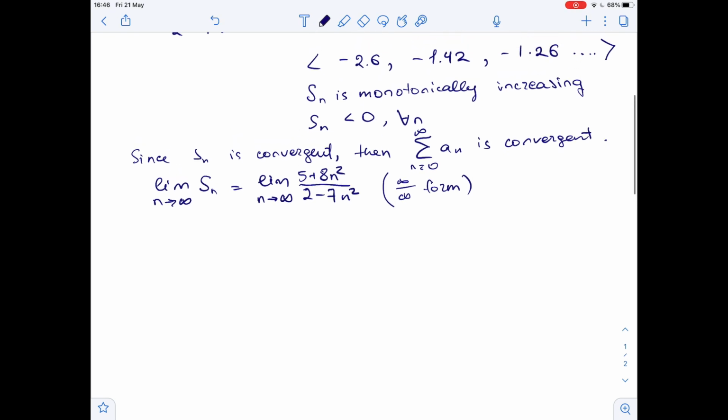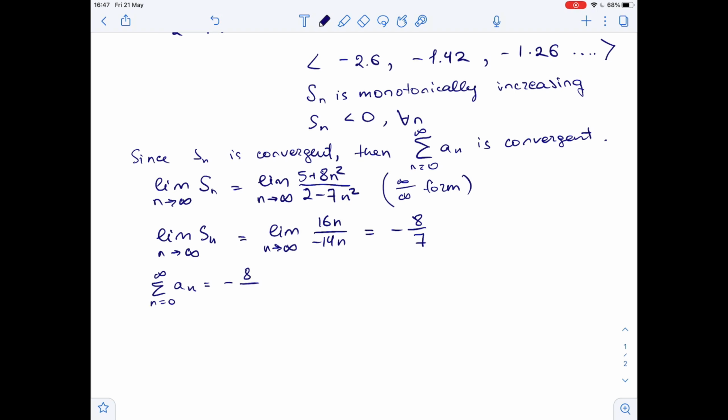We will write down that the limit of S of n where n approaches infinity is equal to the limit of 16n over negative 14n where n approaches infinity, and this is equal to negative 8 over 7. That means that again our series is convergent and it converges to negative 8 over 7.